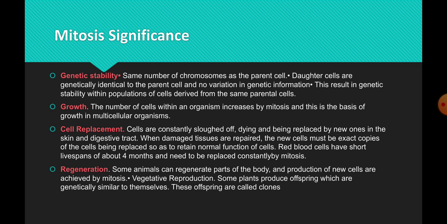Regeneration. Some animals can regenerate parts of the body, and the production of new cells is achieved by mitosis cell division. And vegetative reproduction. Some plants produce offspring which are genetically similar to themselves. These offspring are called clones, and they arise by mitosis cell division.